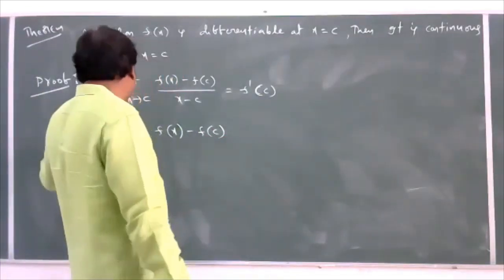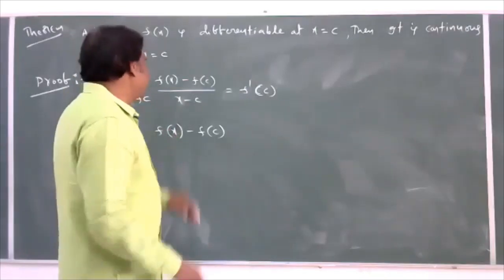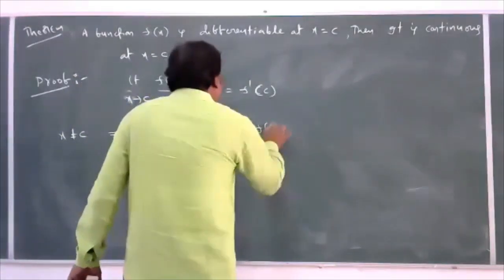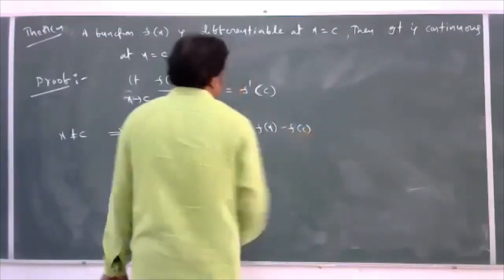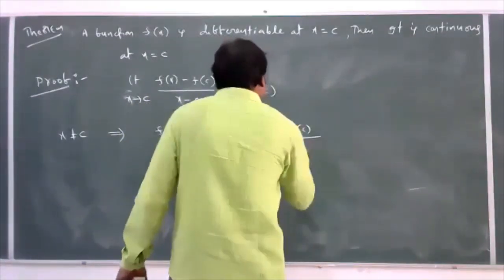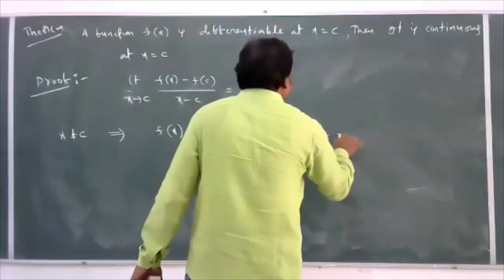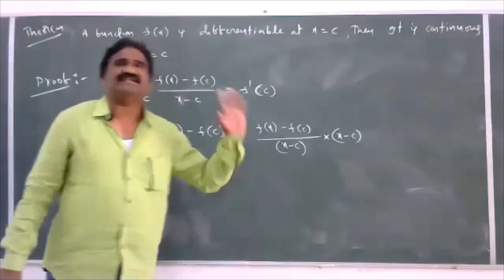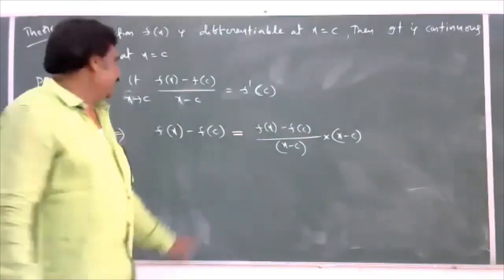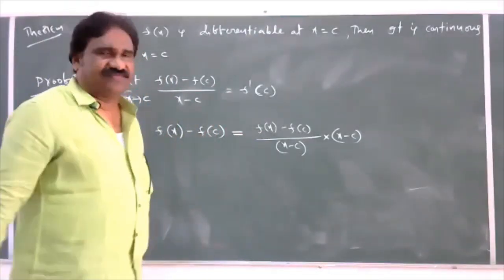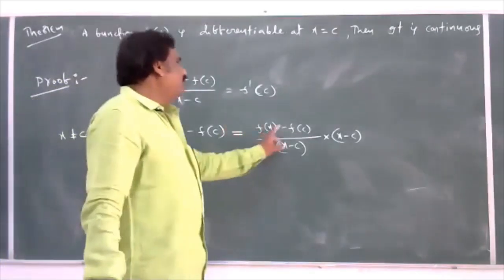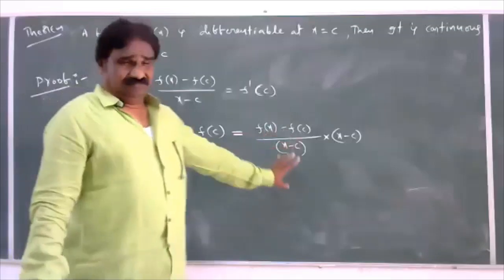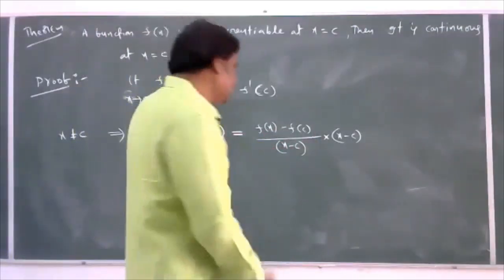That's why you take x not equal to c. f of x minus f of c, multiplying with x minus c and dividing with x minus c. We consider f of x minus f of c multiplying with x minus c and dividing with x minus c.